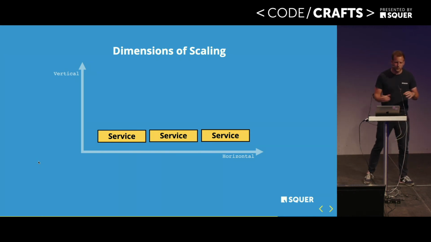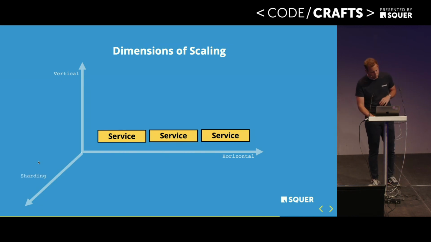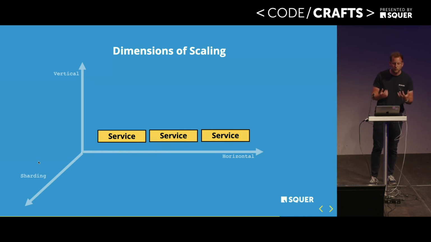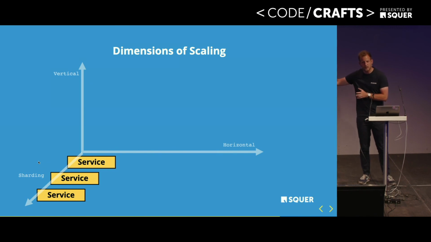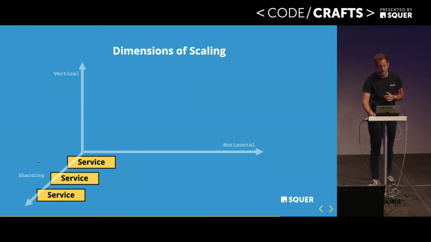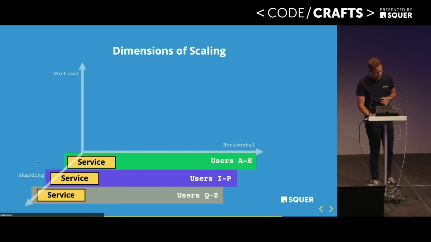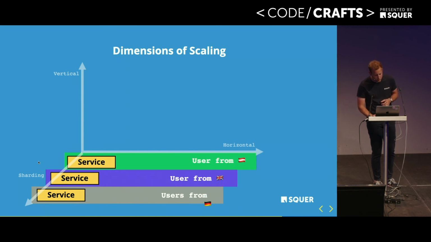But what we often don't see, and I guess vertical and horizontal scaling is clear for everybody, is that there's a third dimension, and the third dimension is what we usually tend to call sharding, right? So we can also shard our services based on, for example, user groups. So we not only horizontally scale, but we also shard them, and we say, users, I don't know, based on a specific name go to a specific service, or users from a different country go to a specific service.